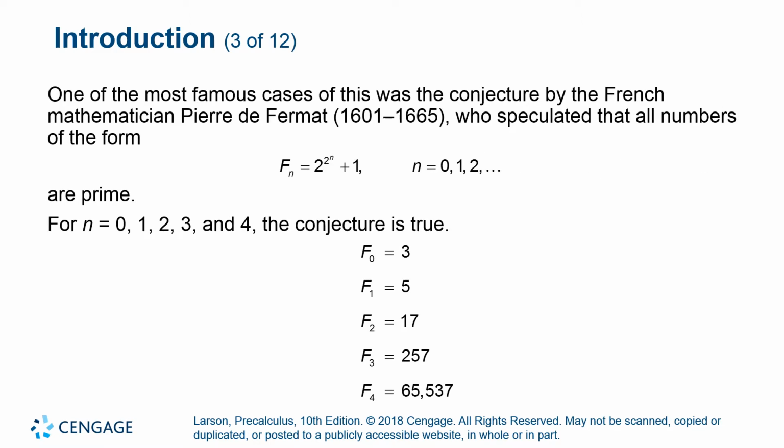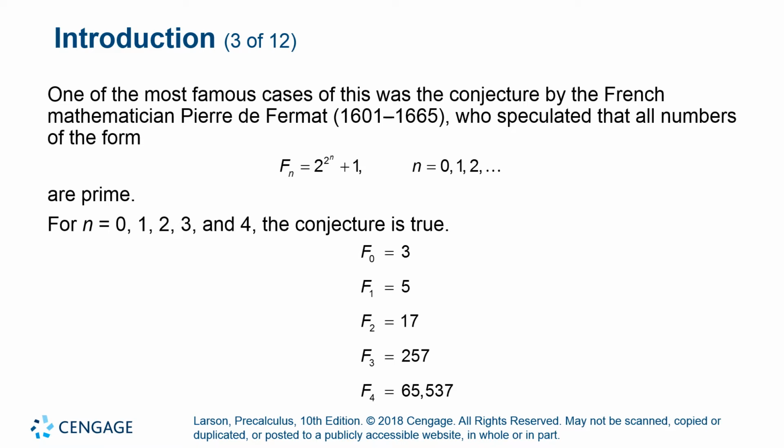The fact that we found 6 numbers consecutively that work for a formula doesn't mean that the formula is true. For example, one of the famous formulas is fn equals 2 to the power 2 to the power n, plus 1. This is supposed to give me prime numbers for any value of n, so the answer for substituting an n value will be a prime number.